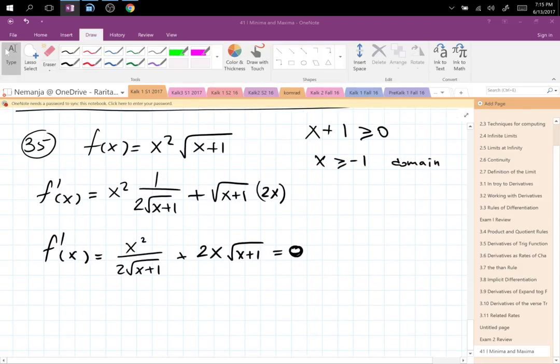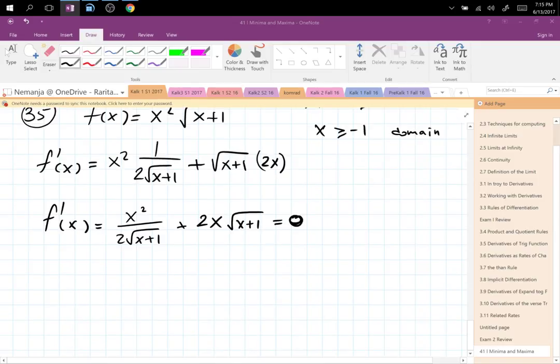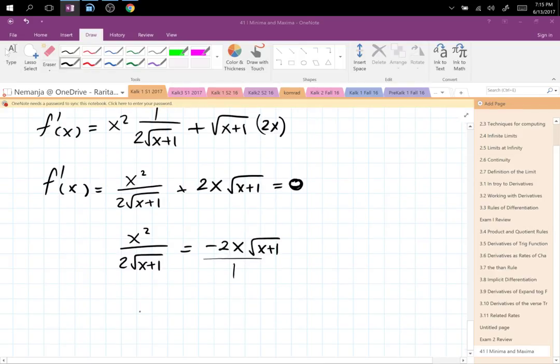When you have two terms equal to 0, you move one term to the right, and then you can cross multiply. If it makes you happy, you can put it over 1 and then cross multiply. We get x squared is equal to negative 4x times x plus 1, because square root times square root cancels.